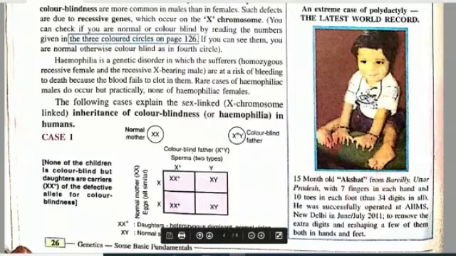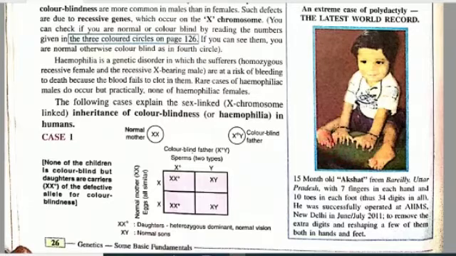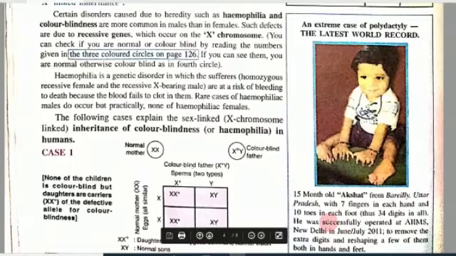The hands consist of 7 plus 7, 14, and the legs of 10 plus 10. So 34 digits is polydactyly, but they successfully operated in AIIMS Hospital, New Delhi, and removed the extra digits of the small child.